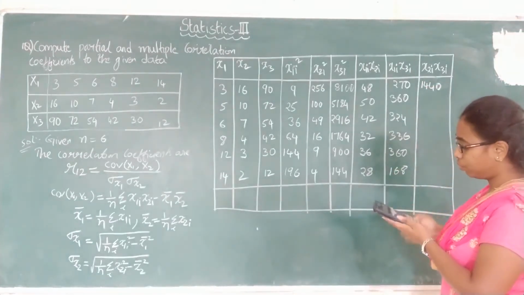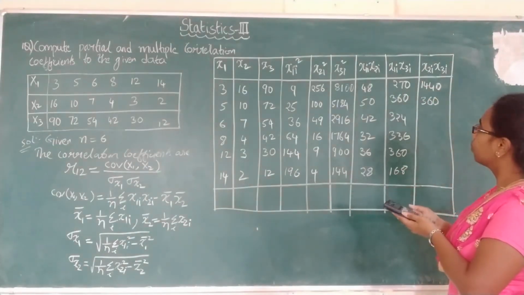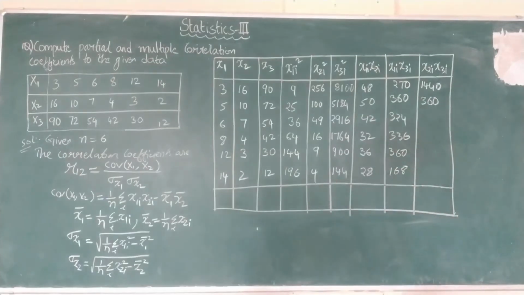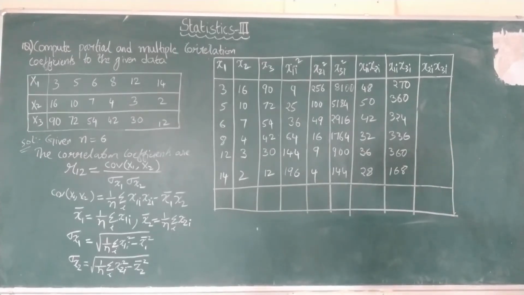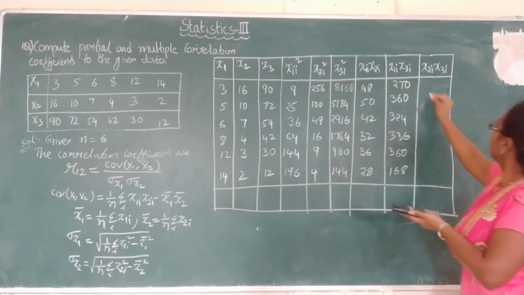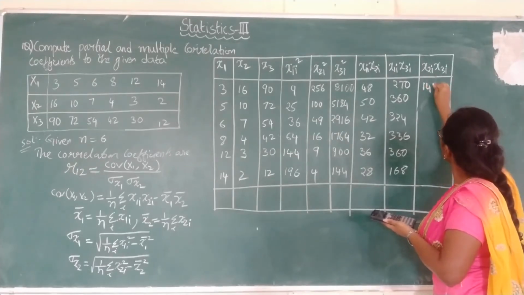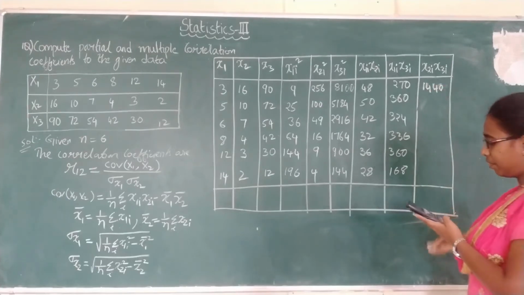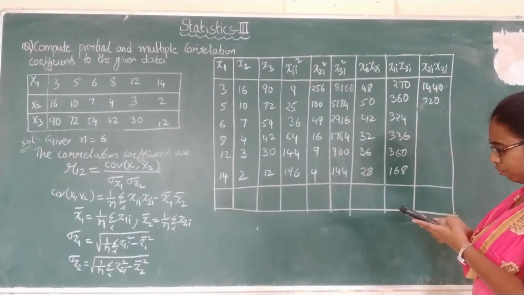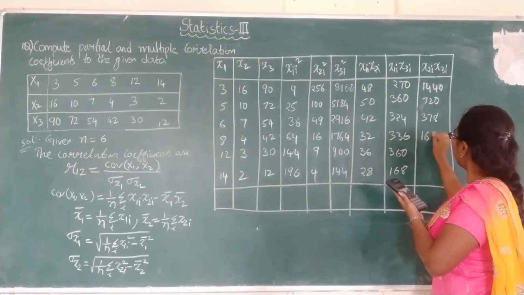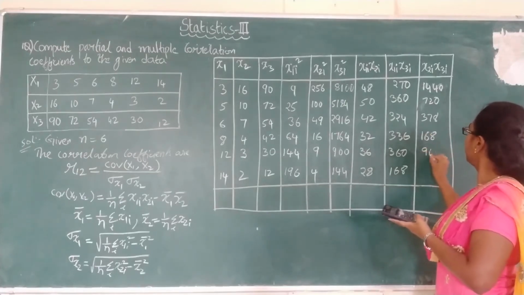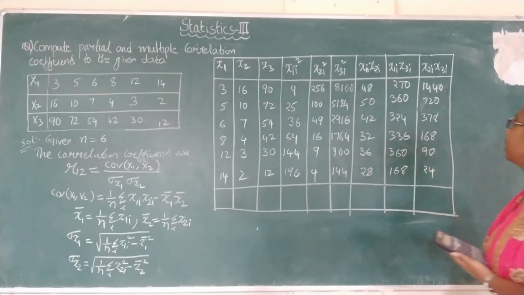Similarly 10 into 72, 720. 7 into 54, it is 378. 4 into 42, 168. 3 into 30, 90. 12 into 2, 24. So these are the required values.